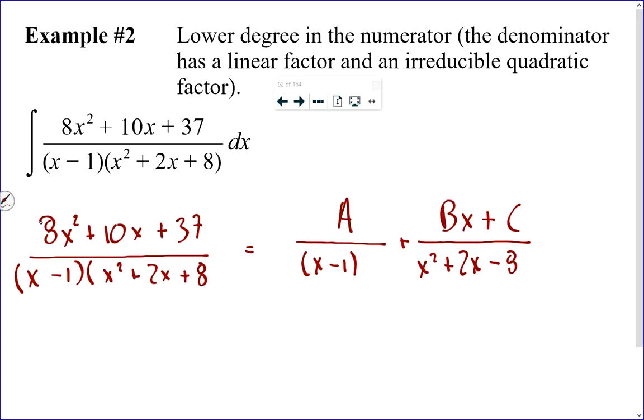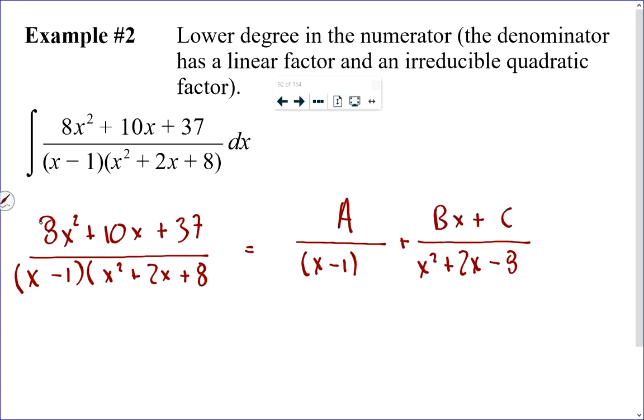The numerator must be 1 less than the denominator. You can play around and see what would happen if you think this is going to work. And it won't work. So we need to put bx plus c here.